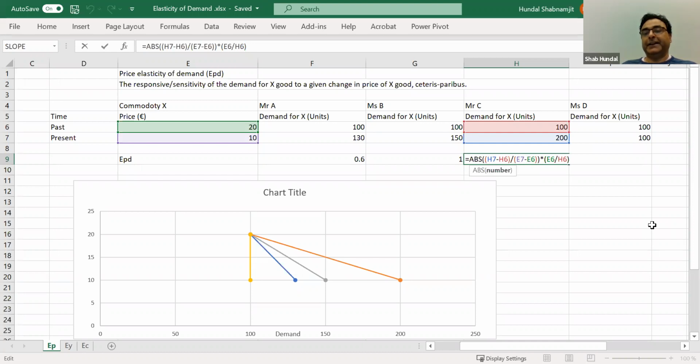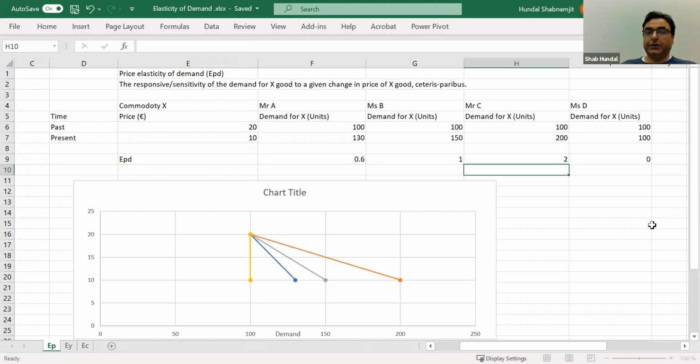we find that the reaction by Mr. C is 2. In other words, if the price of X good drops by 1%, then the quantity demanded of X good by Mr. C will increase by 2%. Vice versa, if the price of X good increases by 1%, then the quantity of X good demanded by Mr. C would fall by 2%.